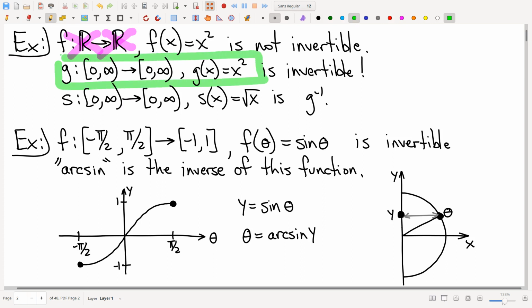This function is happily invertible because for every non-negative real number, indeed there is exactly one non-negative square root. Perfectly fine. Okay, so that's an invertible function, and the inverse, known as the square root function, is therefore perfectly definable. Everybody happy? Questions?